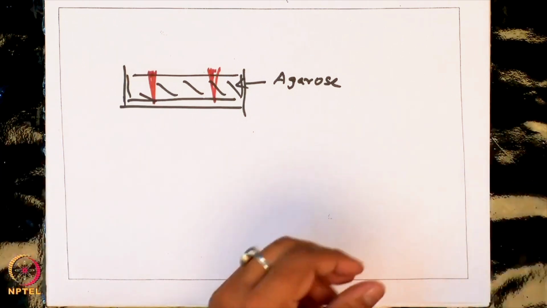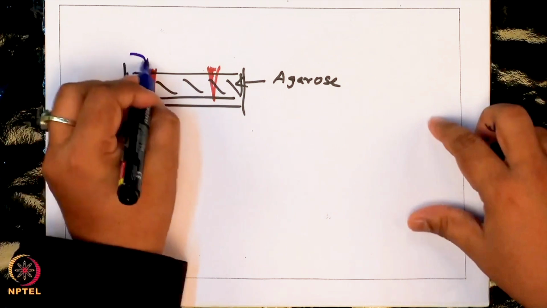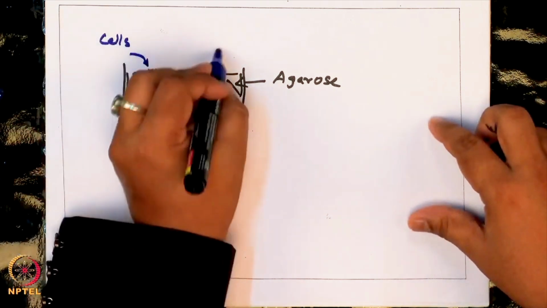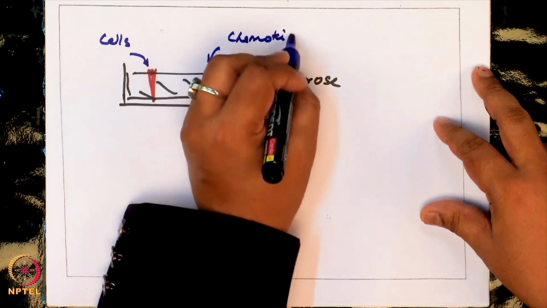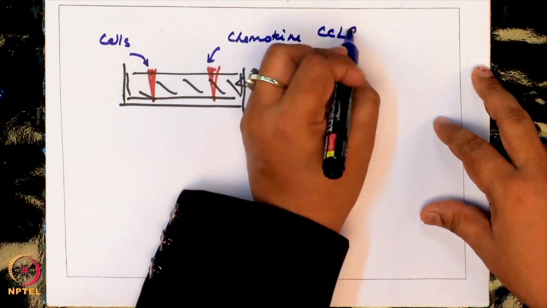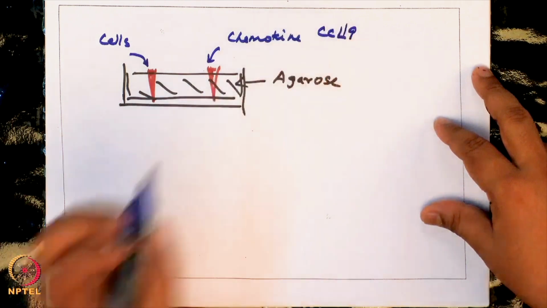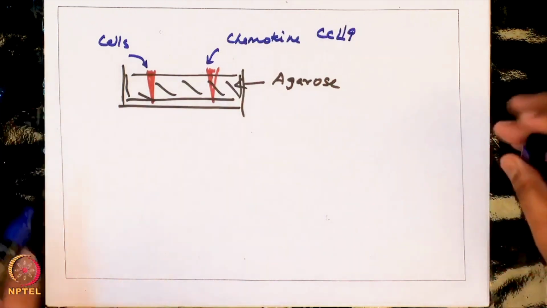In one end they introduced cells, and in the other end they introduced the chemokine CCL19, which attracts the cells.